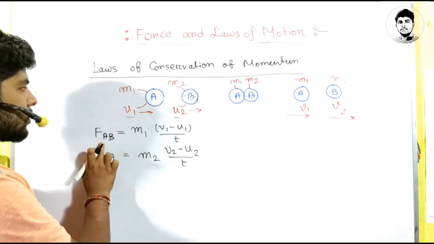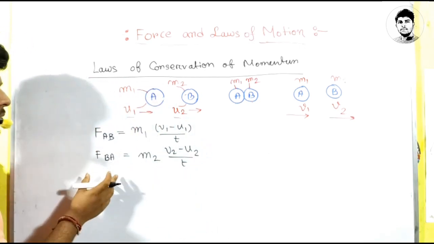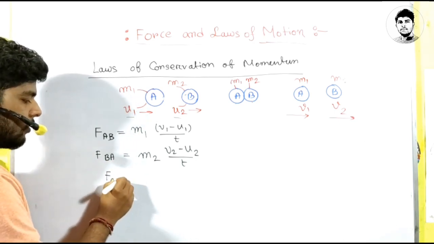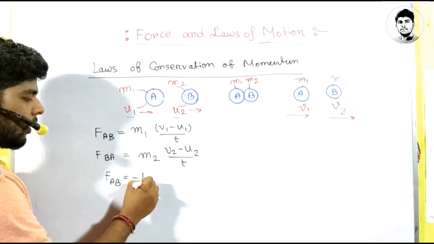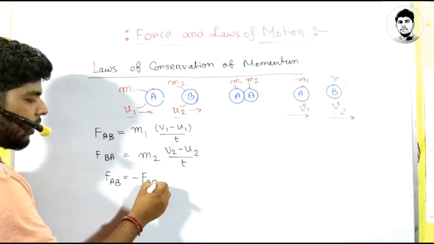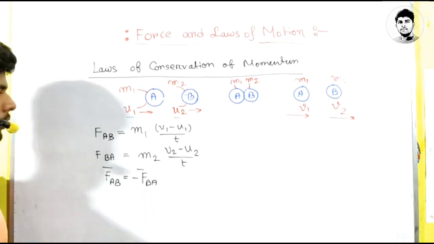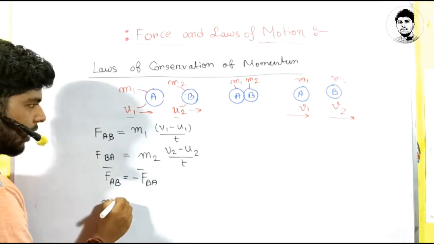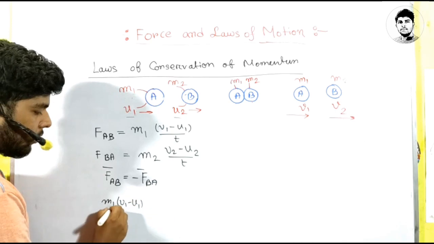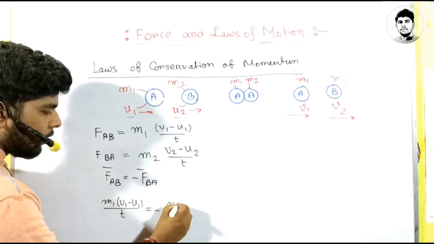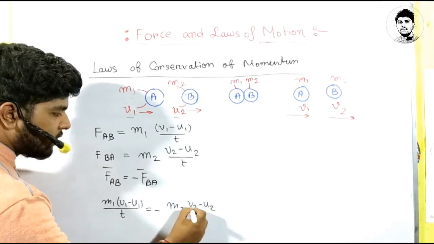Now this is the force applied by A, and this is the force applied by B. So from Newton's third law we can write that FAB is equal and opposite to FBA, right? So from that equation we can write m1 (v1 minus u1) by t equals negative m2 (v2 minus u2) by t.